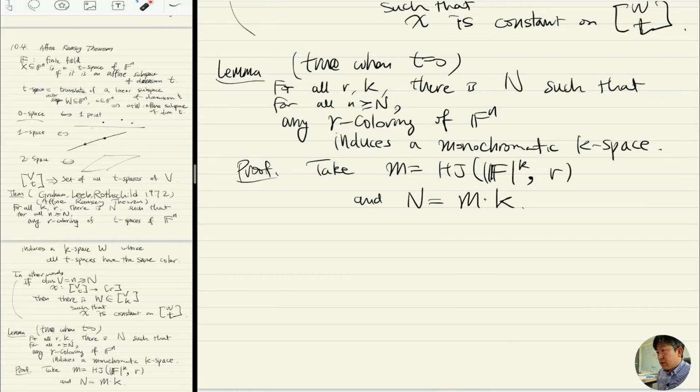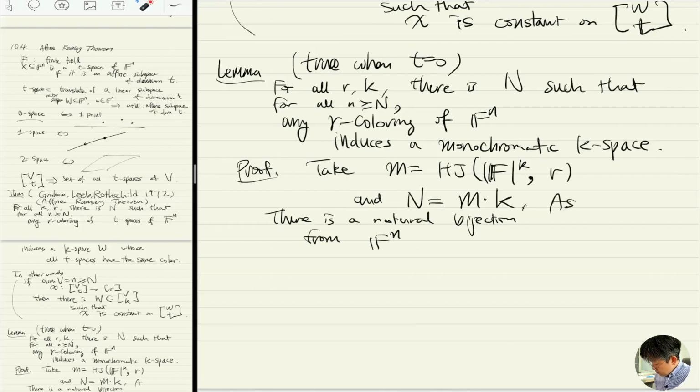Now, there's a natural bijection from F^N. So we assume n is equal to N, because if you have a bigger vector space, I'm just going to take a subspace, right?